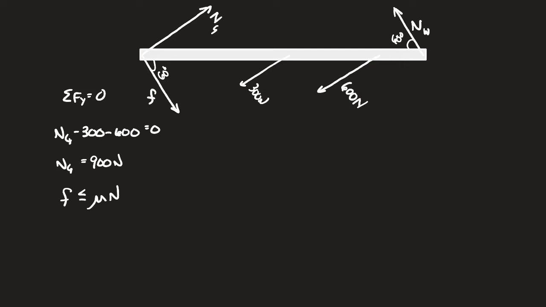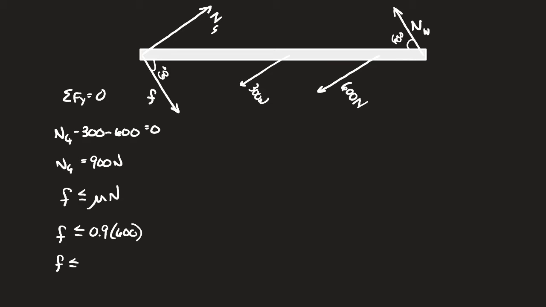But has there been anything way outside the boundaries? Anything new, anything crazy yet? So all I can write now is the frictional force has to be less than or equal to 0.9 times 900. So I know the range of the frictional force.